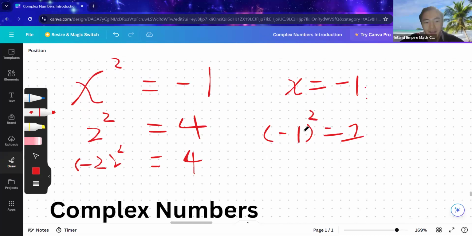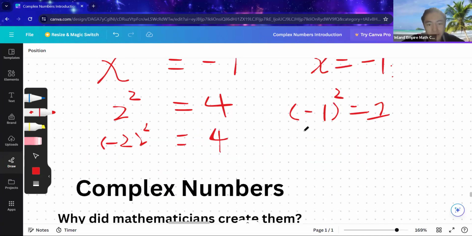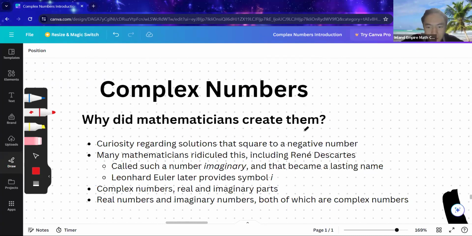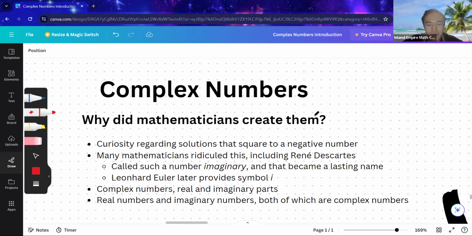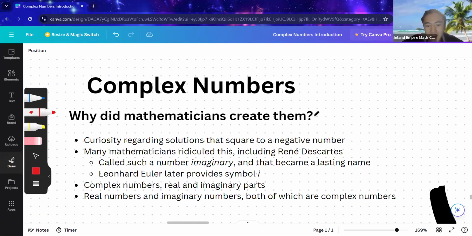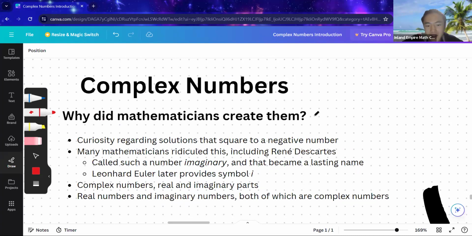And so you would think that there isn't any solution to this equation. But again, this question led to the development of complex numbers, because of curiosity regarding solutions that squared to a negative number. At first, a lot of famous mathematicians ridiculed this, saying this is such a dumb and silly idea, why are you even thinking about this? That includes Rene Descartes, a really famous mathematician you can look up after class.